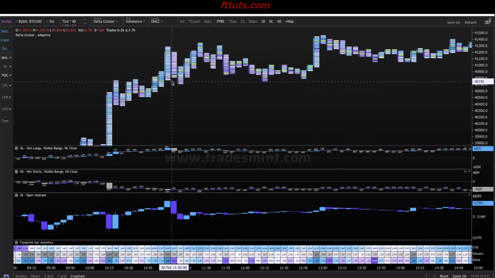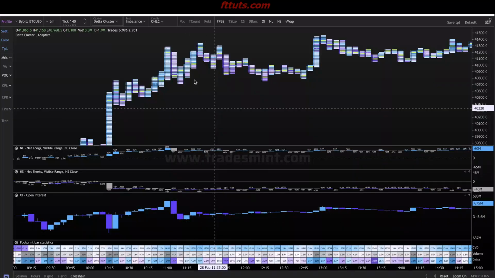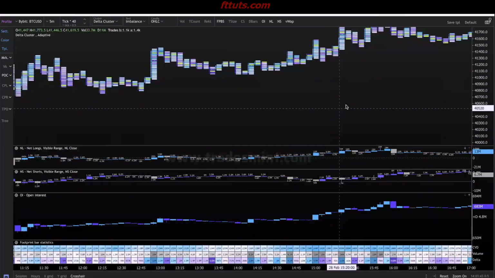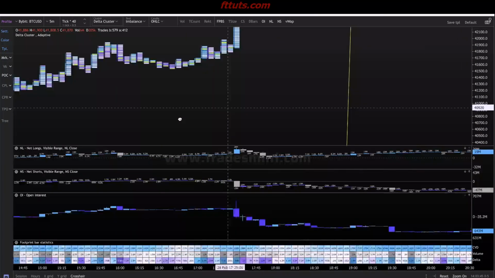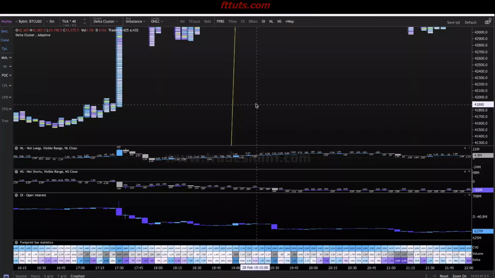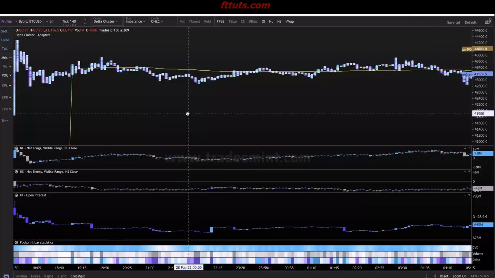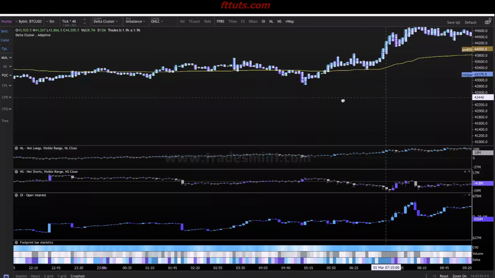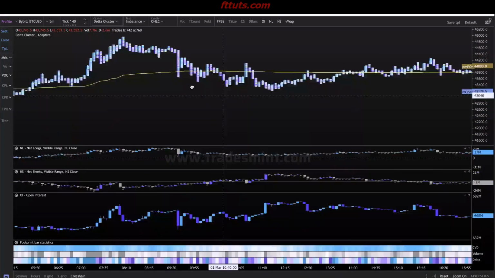Then we can see, as we start to come up again, open interest is coming down. And once open interest starts to flatten out here, this is where we will range, okay? And the opposite is true for a downtrend. So in a downtrend, what we want to see is a sharp increase in open interest over time. So let's come back to the way down.